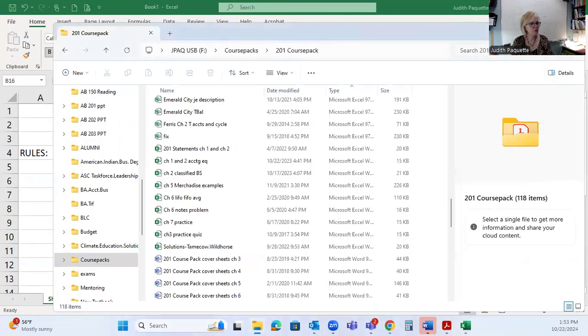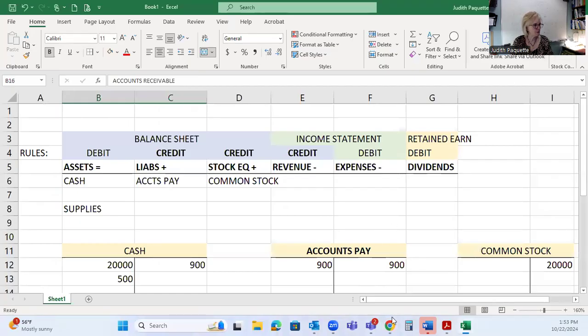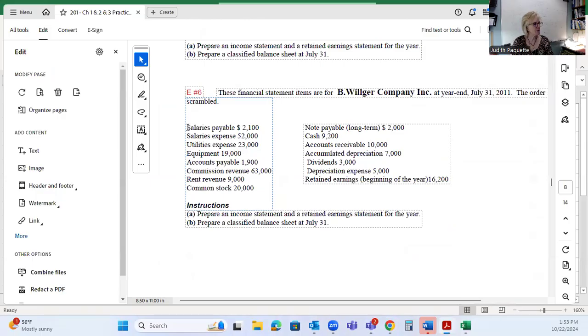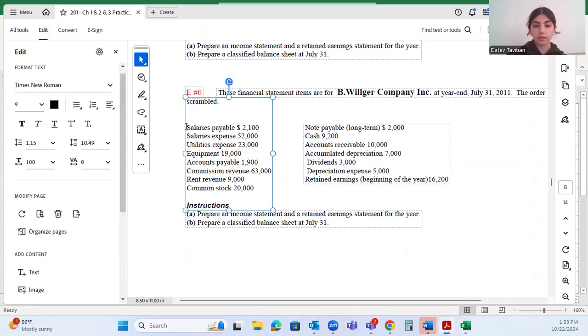So I want you to come over here and say salaries payable, we know it's a liability. My question is, think of the classified balance sheet, is it a current liability or a long-term liability?